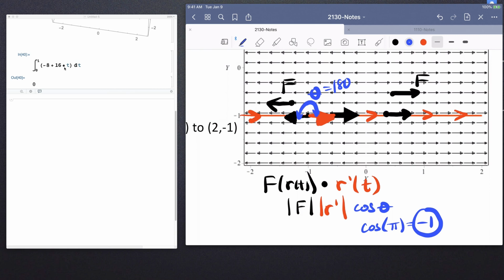But once you get over here to the other side, we can see that the force vector and our direction of motion have an angle between them equal to 0. They're pointing in the same direction, so the cosine of 0 is equal to 1.